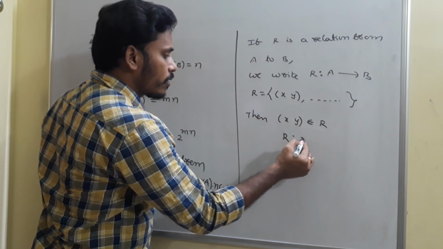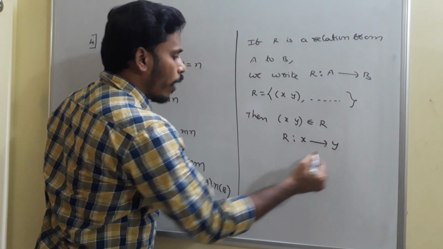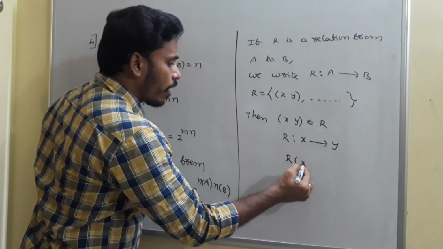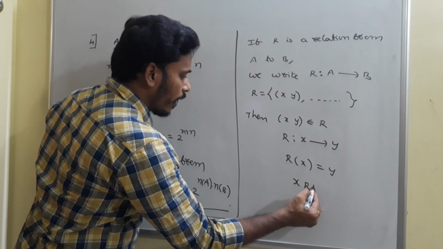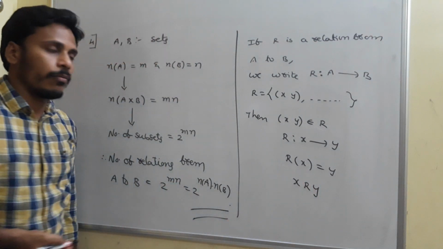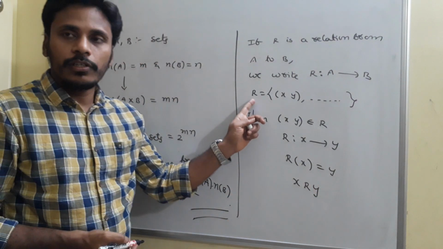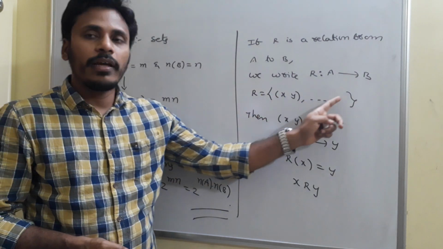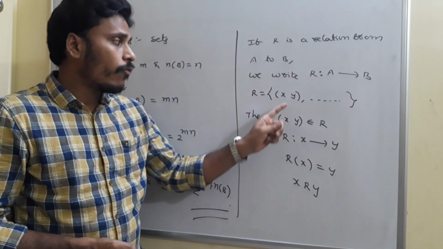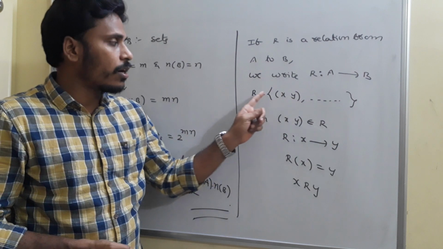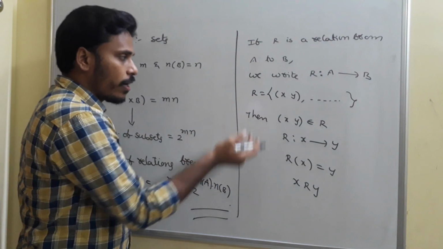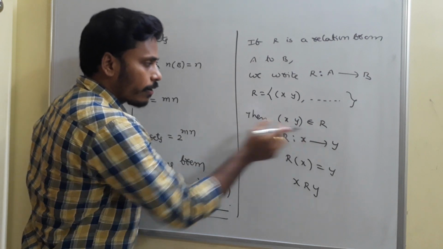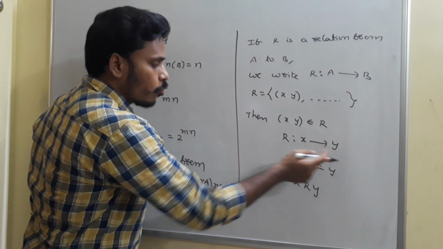R is connecting x to y, or we say R of x is equal to y, or sometimes we notate it as x R y. Just think about it. If there is a relation and there are some ordered pairs in that relation, so if x comma y is an ordered pair in that relation R, then that is notated as xy belongs to R. R is connecting x to y.